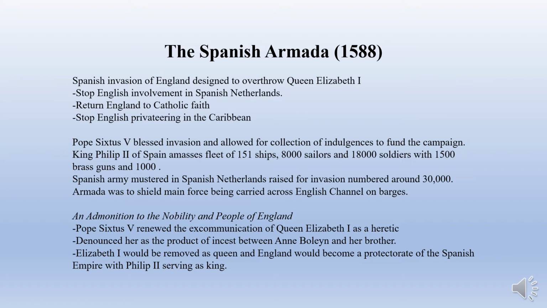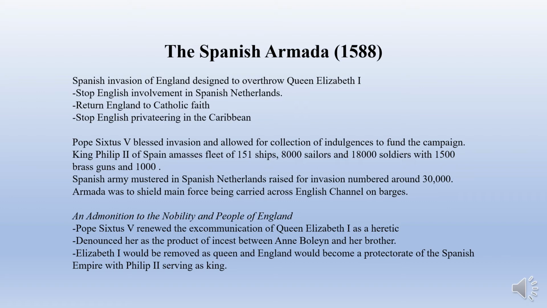Pope Sixtus V says, not only am I excommunicating Elizabeth I as a heretic, I am also going to tell you once and for all that she is the product of incest between Anne Boleyn and her brother, which was Henry's lie about Anne Boleyn in order to have her executed.